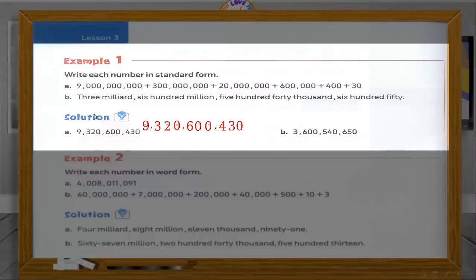Next one, a number in word form like this: 3 milliard. The milliard means you have 4 periods. 3 in the milliard place, write 3. 600 million: the name of this period is million. In the hundred millions place write 6.